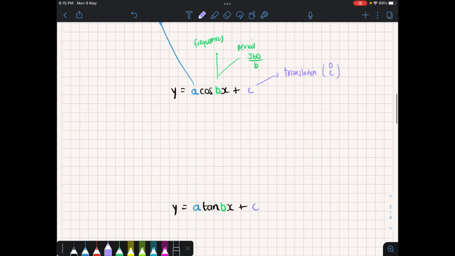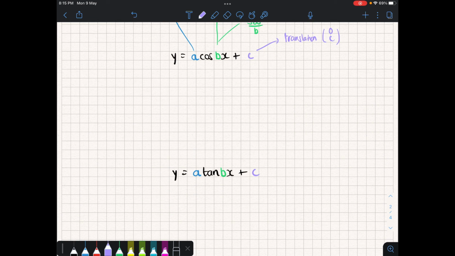And then finally we had y equal to tan, all right, when we shift tan around. Now, tan doesn't have an amplitude, so we can sort of just think of this as a stretch. Right? There's no maximum or minimum value for tan because it can go on to positive and negative infinity.